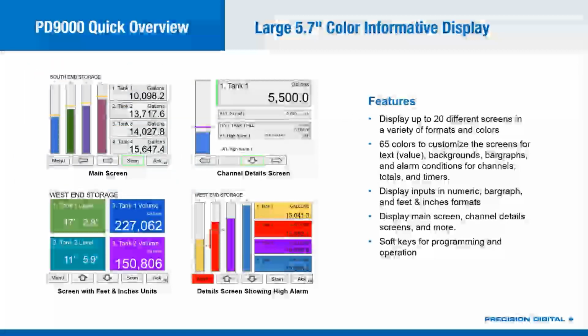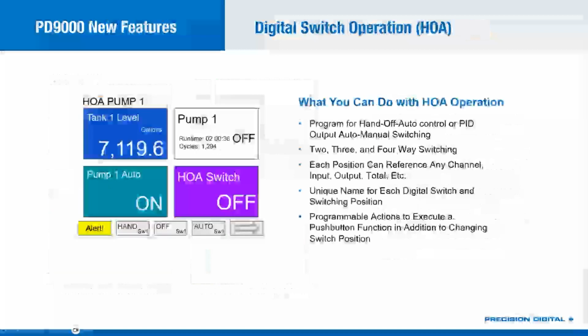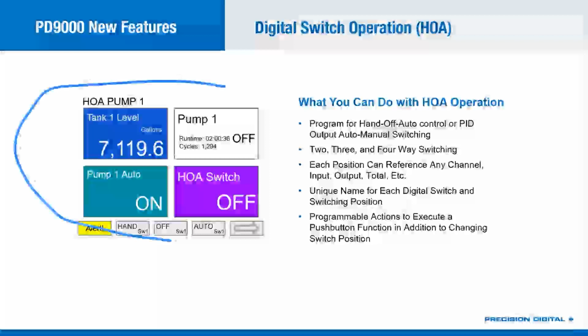Keep in mind, it does not have to be channel information like that, input information, you might say. I could have that reading out all sorts of different information. Like we showed at one point, an example on the HOA pump screen where we were showing the pump runtime. That would be one piece of information that I could have up there. And also, not everything has to have a bar graph.